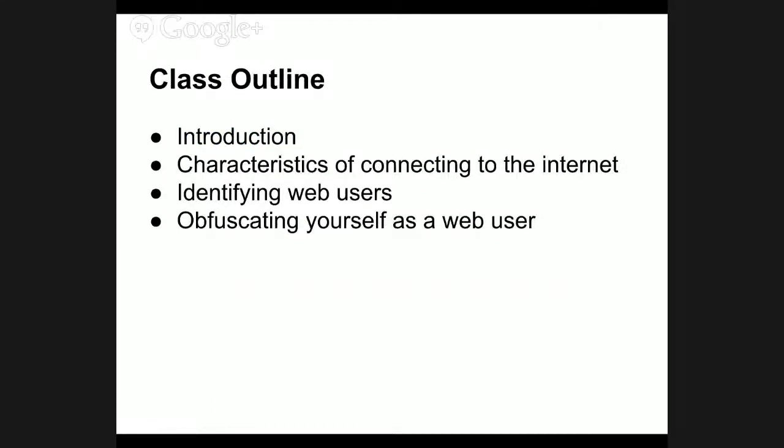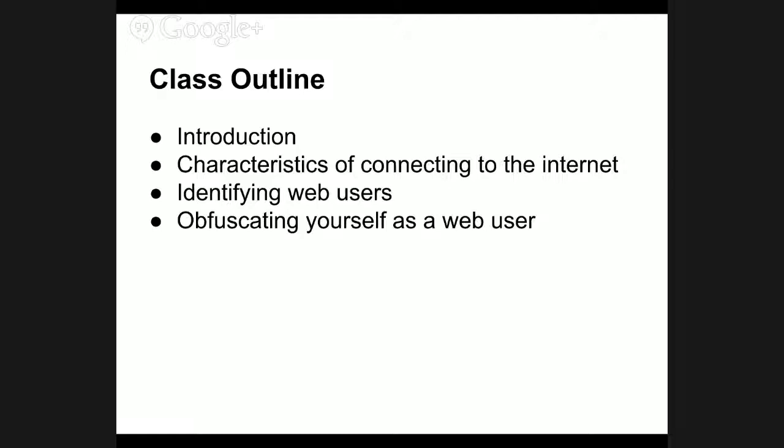What I'm going to be talking about in this course is a couple of different things. One is the introduction, which we just basically did, but I'm going to cover 2 more points a little bit later on. Characteristics of connecting to the internet. Basically, when you connect to the internet, there are a couple of unavoidable facts that you have to deal with.